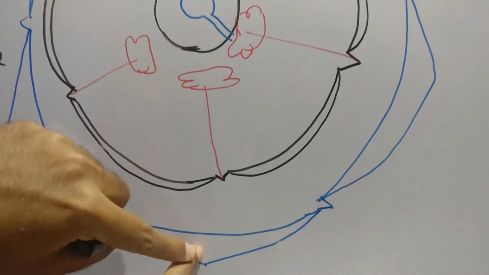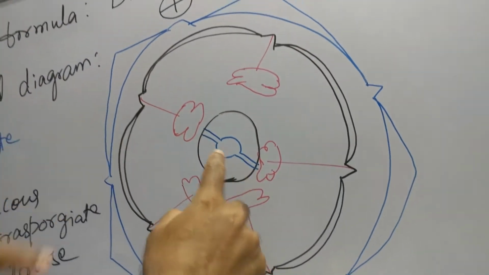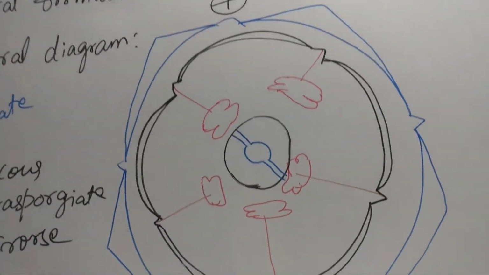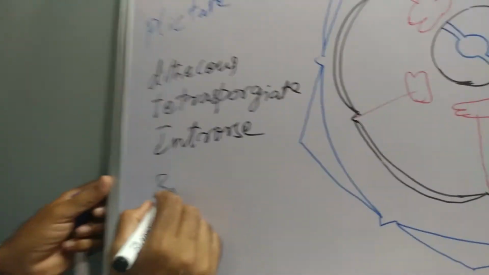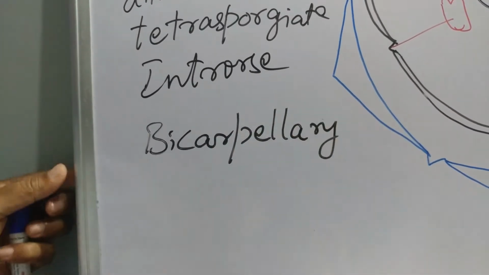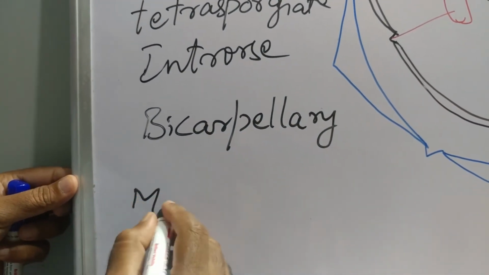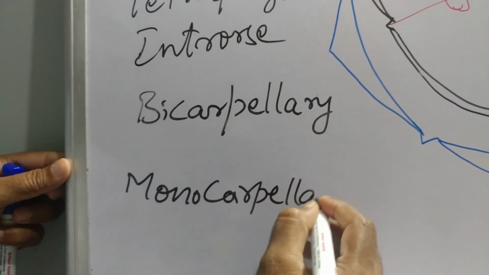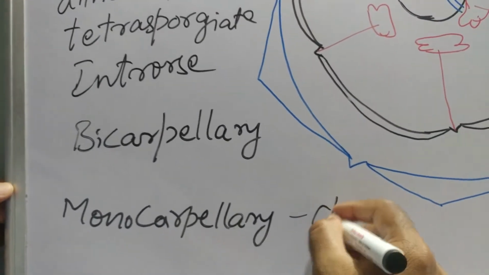For this, exactly 45 degrees we find, so it is called an oblique septum. Now we can take the ovary as bicarpellary. You can find monocarpellary also. Special monocarpellary is found in chili.